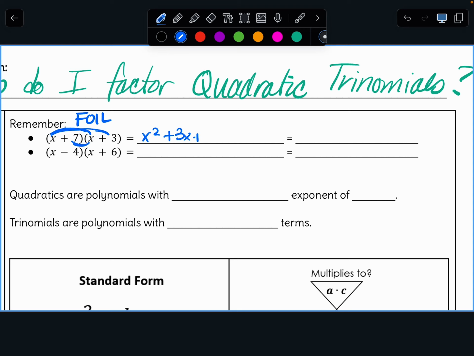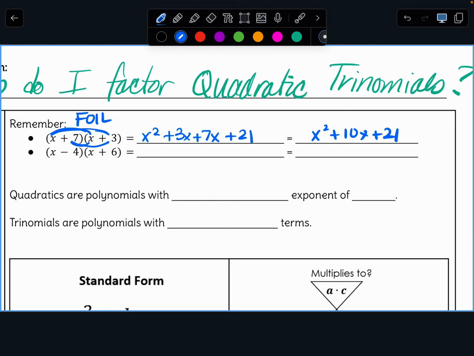Inside terms, 7 times 3 is plus 21. We're doing the first terms, then we do the outside, then we do the inside, then we do the last term. That's what FOIL stands for, just to make sure you multiply everything in the same pattern. So then we combine like terms, and I get x squared plus 10x plus 21.